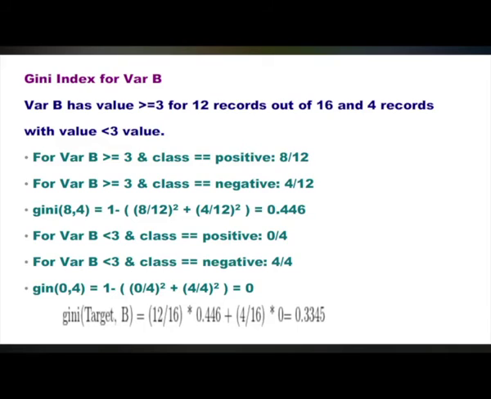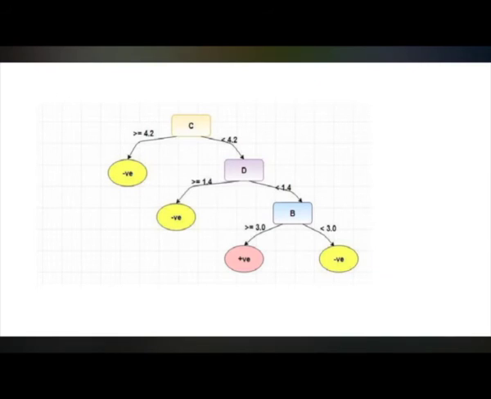Now, the Gini index of target, B will be equal to 12 by 16 into the calculated value 0.44 plus 4 by 16 into the calculated value 0, which is equal to 0.33. The Gini index is calculated similarly for other attributes C and D also. This way, the attributes can be used to fit the root value in the tree.